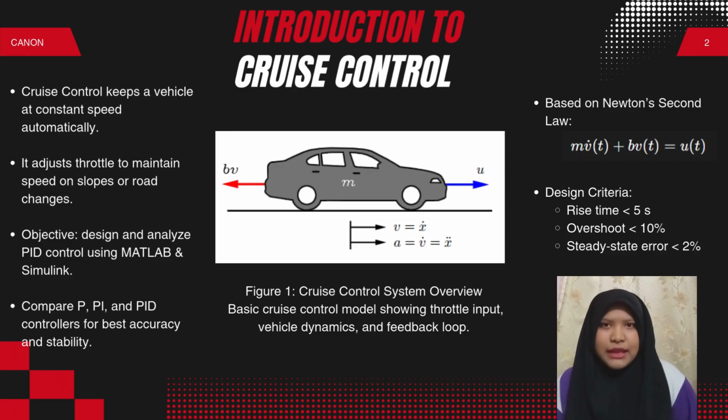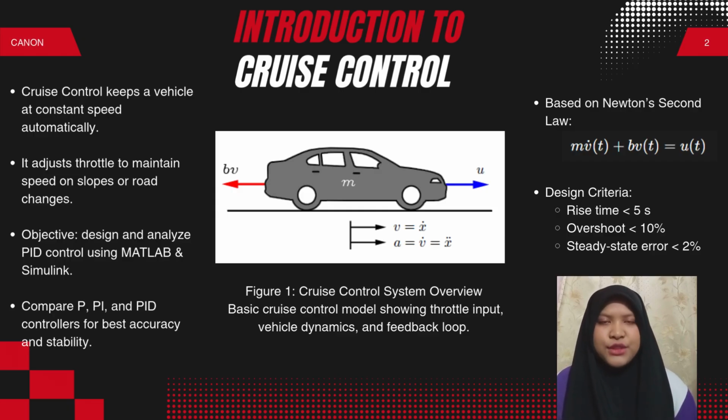We compare P, PI, and PID controllers to see which one gives the best accuracy and stability. In the diagram, the engine gives an input force shown as U. Friction pushes back against the motion, shown as B times V. The car has a mass, M, and V represents the speed of the vehicle.